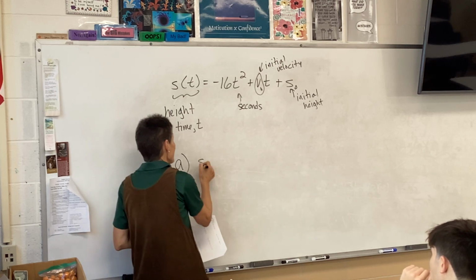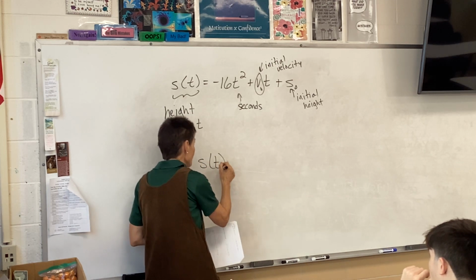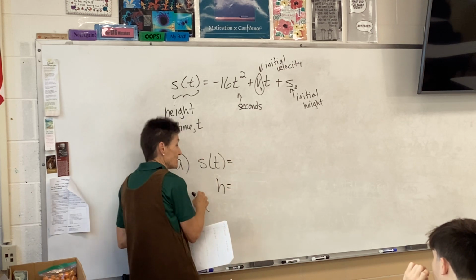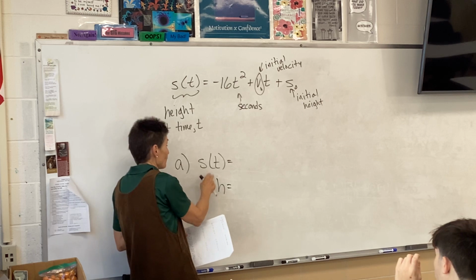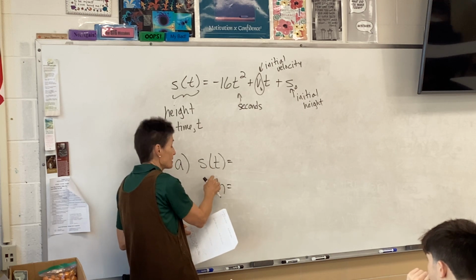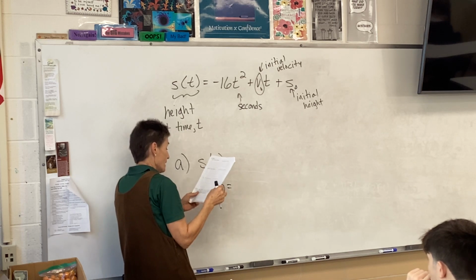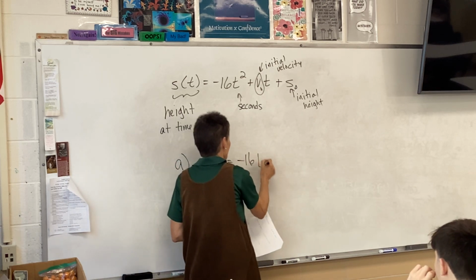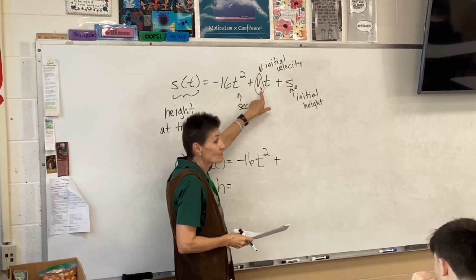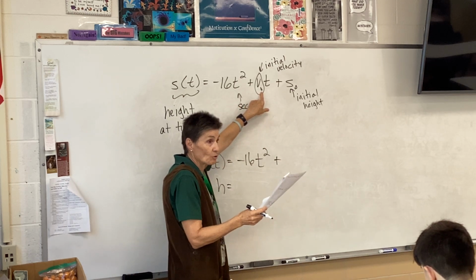So my equation, and if you don't want to do this, you can say h equals, if that's easier, height. It's height. So if you'd rather not use the function notation, s of t, f of x, you can just say height equals negative 16t squared. That part never changes.